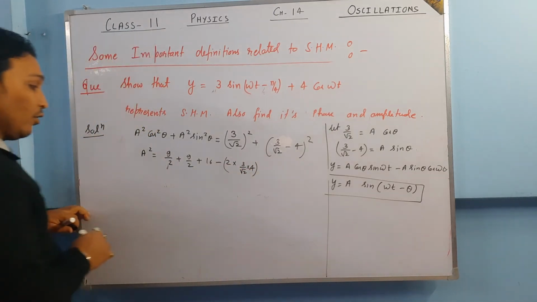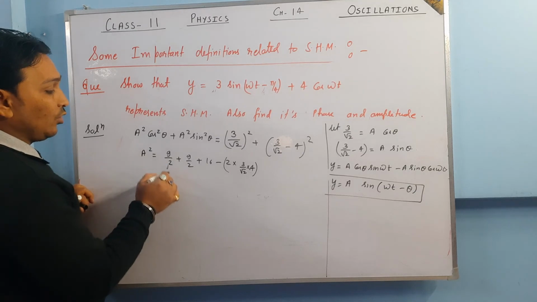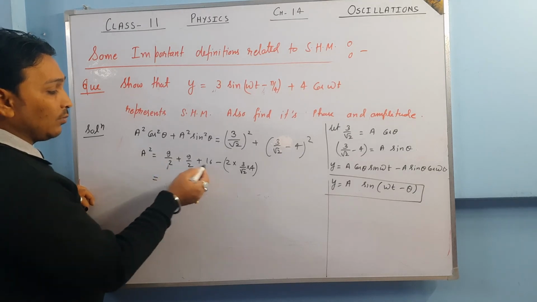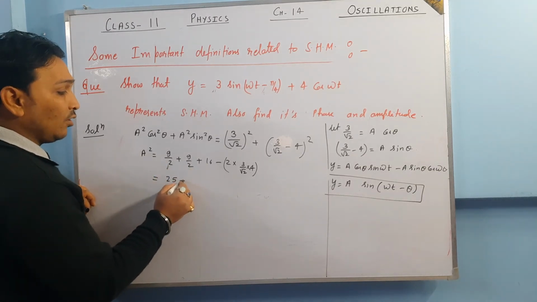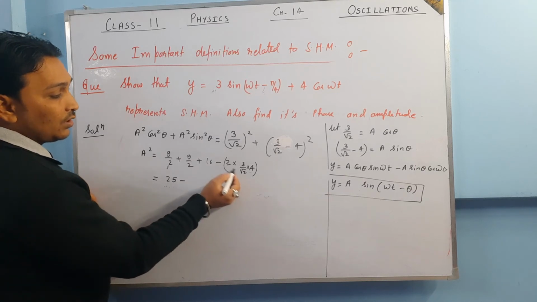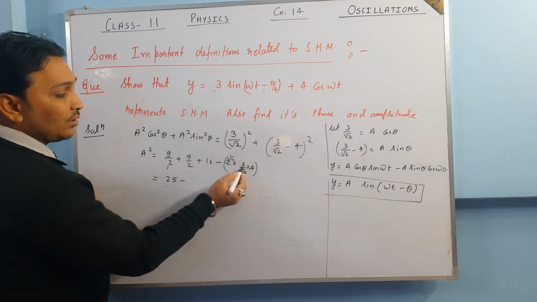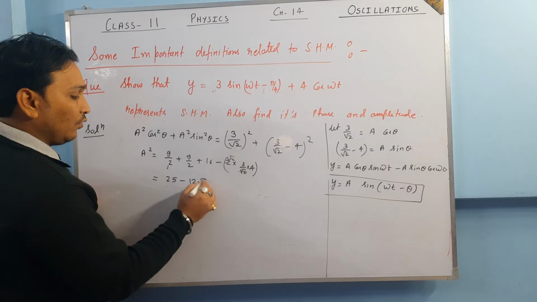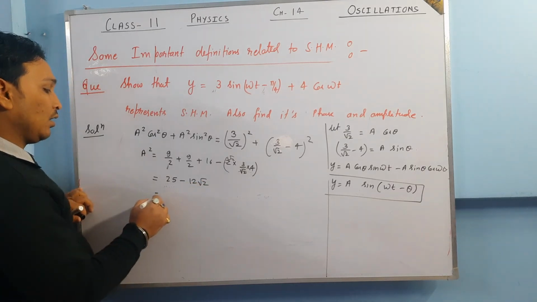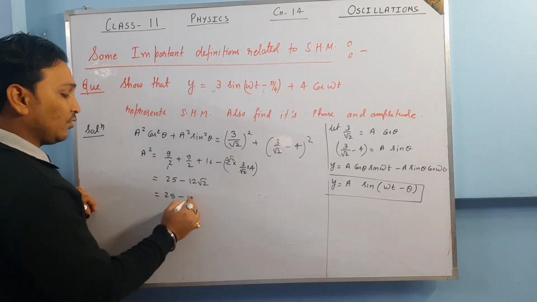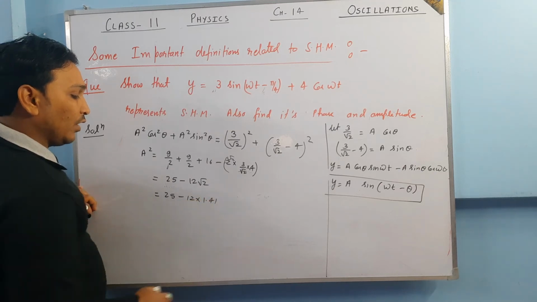So what we are going to have from here, 9 by 2 plus 9 by 2, it is going to be 9. 9 plus 16, it is going to be 25 minus, so here this root 2 will cancel the root 2 times, 3 4s are 12, 12 root 2. Okay, 25 minus 12, the value of root 2 is 1.41.